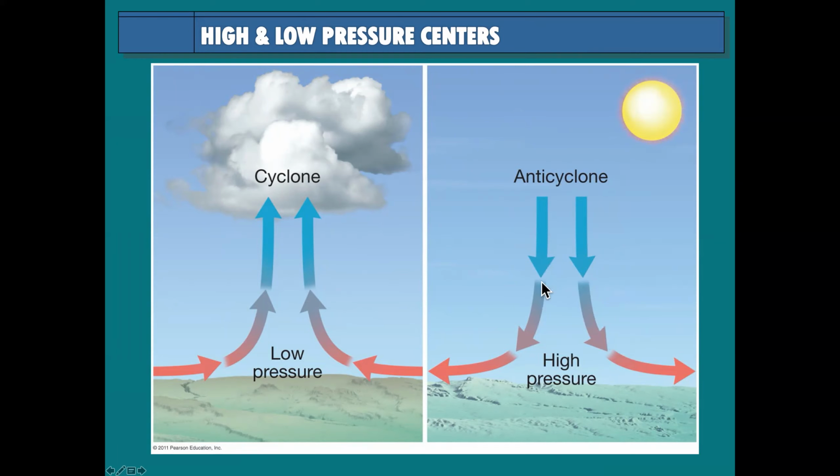And this has the effect of drying and the effect of clearing, whereas this has the opposite effect. So a cyclone or low pressure is wet, cloudy, and an anticyclone or high pressure tends to be clear and sunny, for the most part.